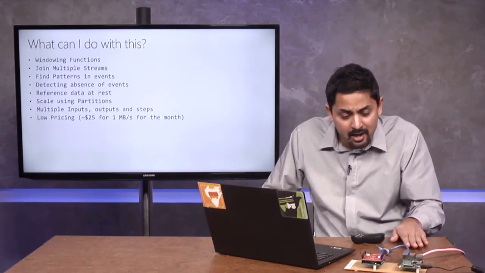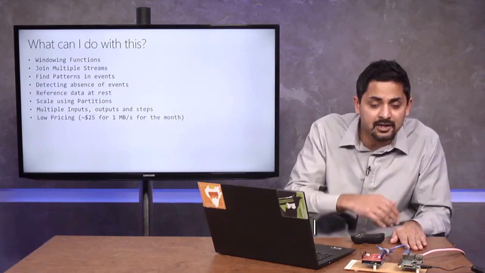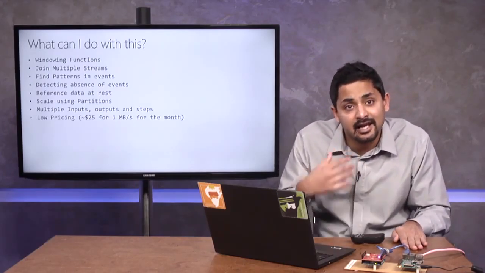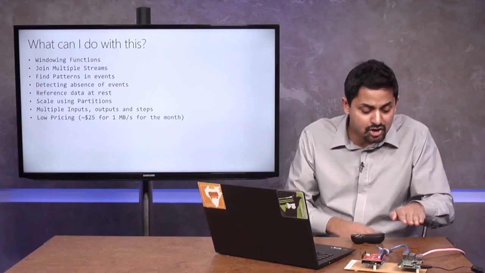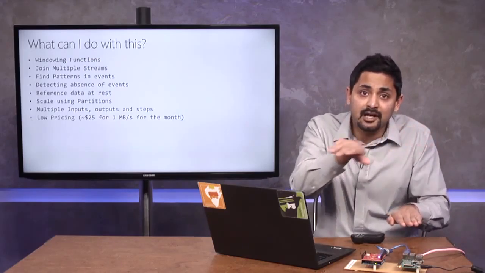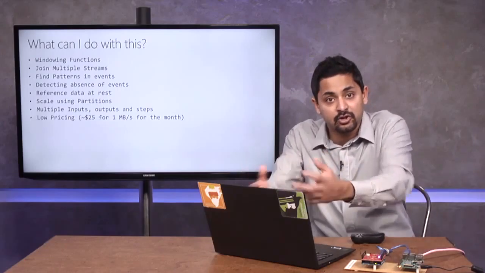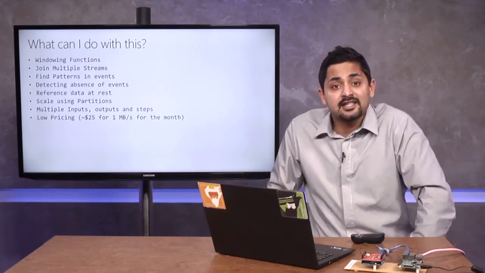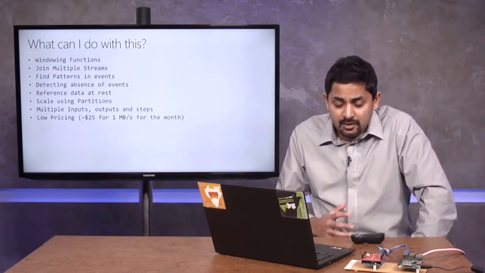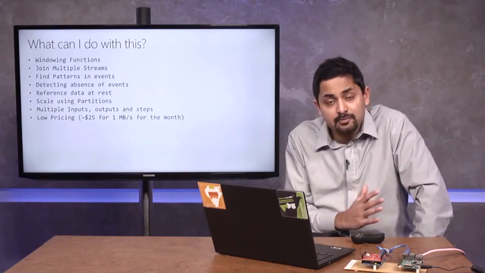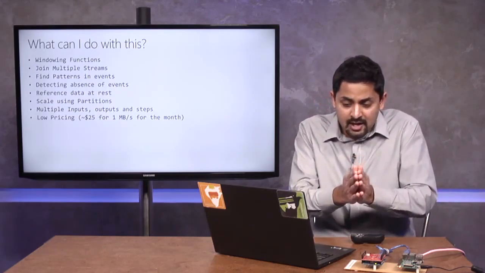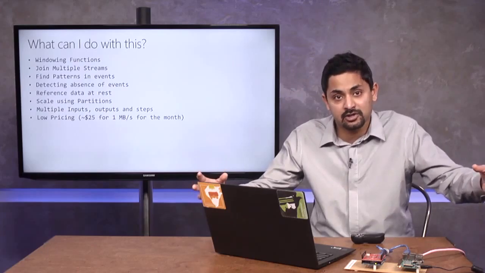But you want to be able to say, how do I map these things? This is all in a static file. That is what we call reference data. So I can join my static file with my data in motion and then do my logic on top of it, just like I had shown you the logic there. I can scale. So we have the concept of scaling. I can use partition by keys, and I can actually scale out my workloads to do parallel processing in this as well.